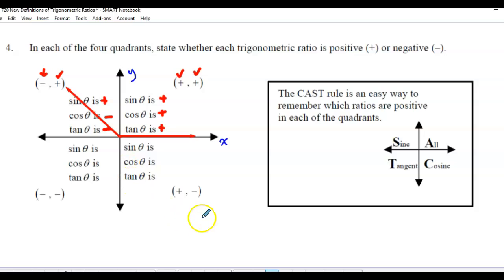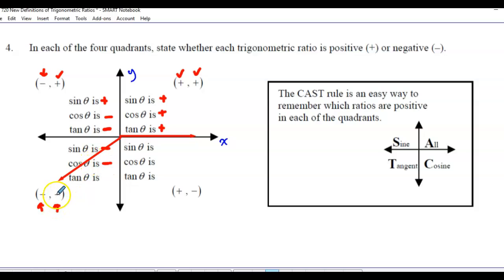Okay, if we then rotate to an angle in the third quadrant, then thinking about your x value, it's going to be negative. Your y value is going to be negative. So sine is negative over the radius, or the hypotenuse as well. It's going to be negative over positive, which is negative. Cosine, negative over positive, which is negative.